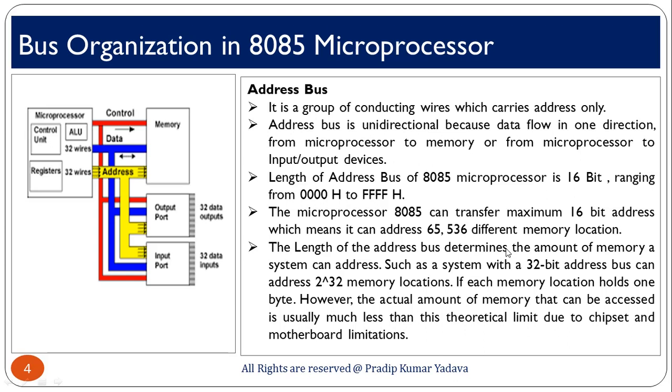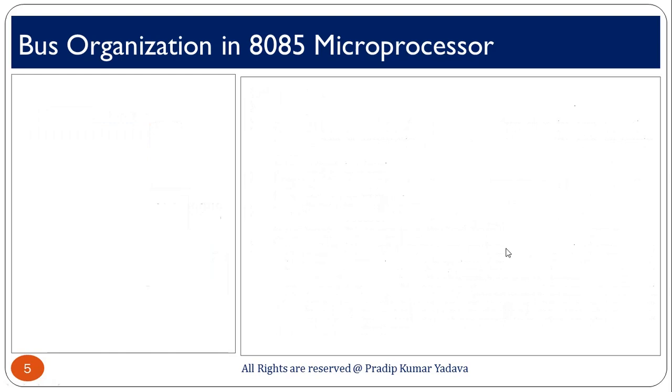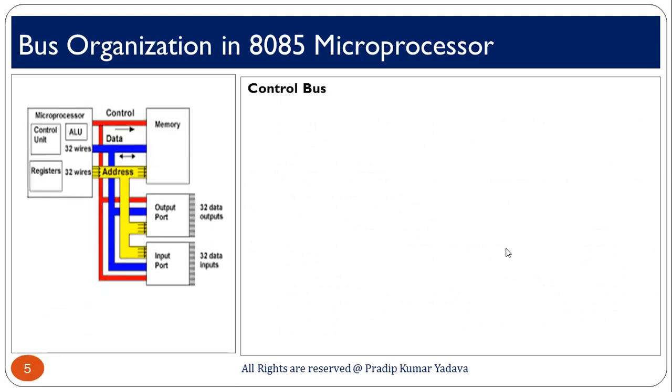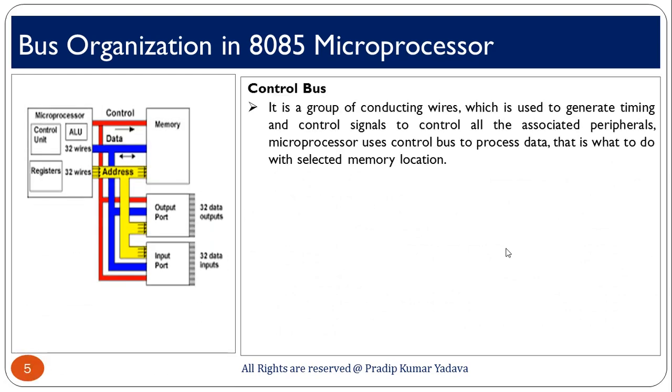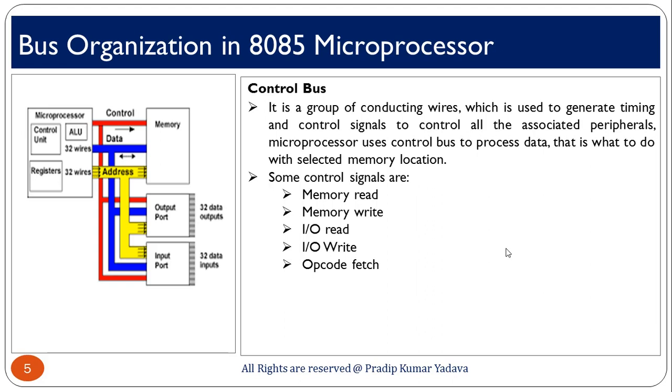That will give you the memory locations. Now the third one is the control bus. The main responsibility of the control bus is to control all the operations happening within the microprocessor, and the control bus is used to generate signals that are required to control all the external devices connected to the microprocessor, and how the operation is going on is all taken care of by the control bus.